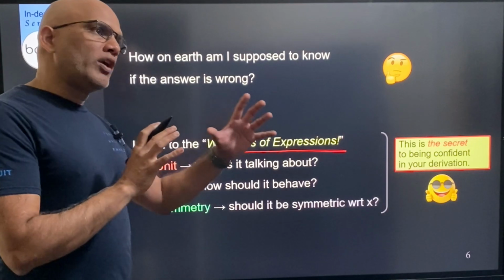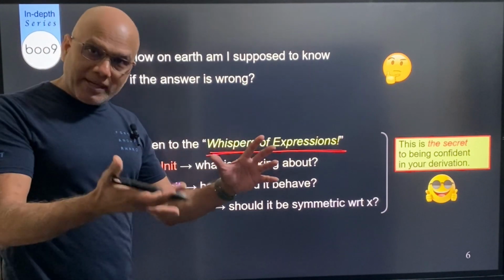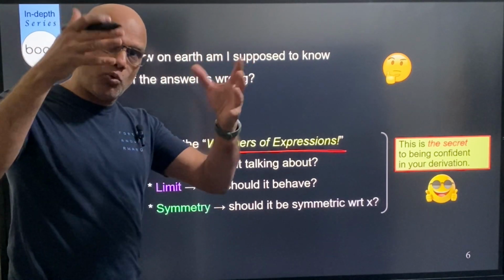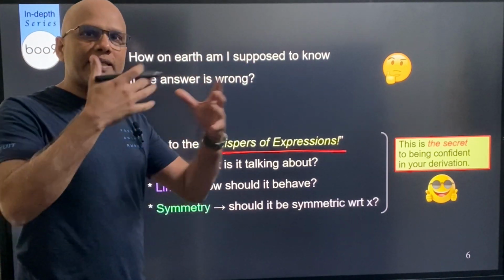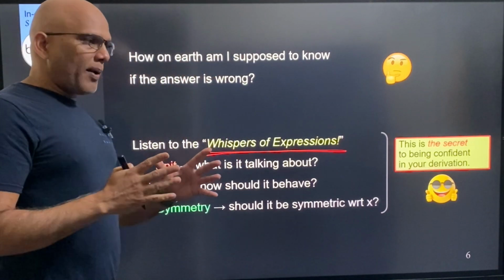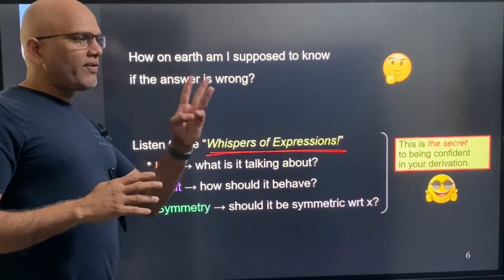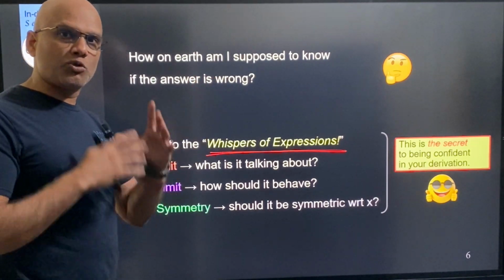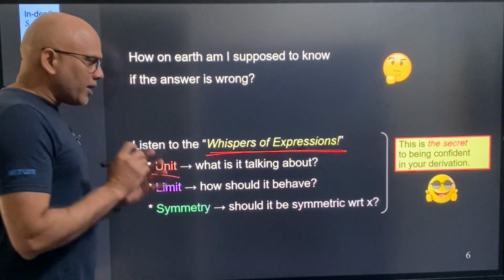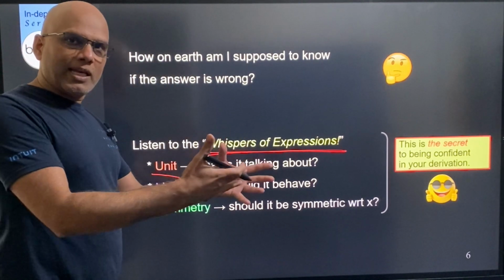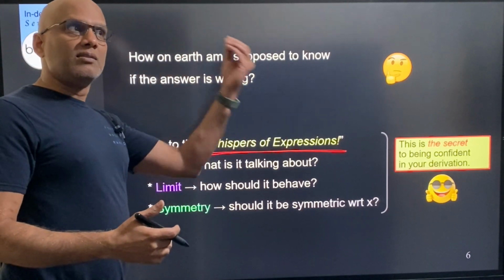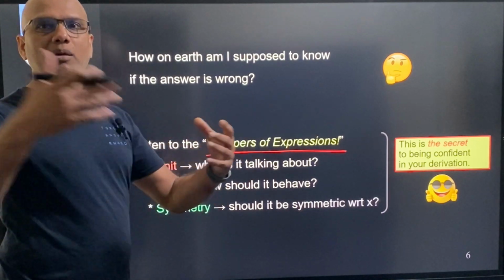Remember, an expression is called an expression because it's trying to express something. So we have to try to listen to what it is trying to whisper, what it is trying to tell. And this is not something very abstract. There are three very specific things that I try to listen to every single time. First is unit: what it is trying to tell you. Let's say if you're trying to find a distance, is it talking about a distance or something else?